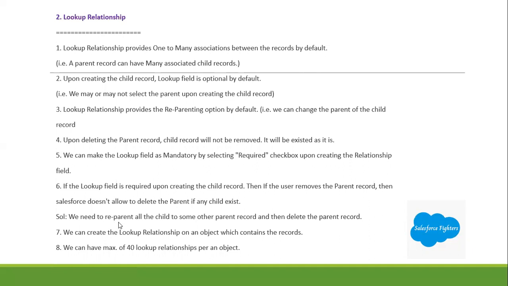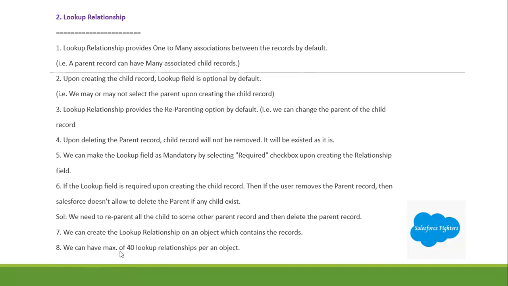We need to reparent all the children to some other parent record and then delete the parent record. Next, we can create the lookup relationship on an object which contains records.